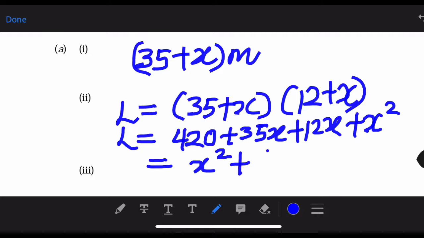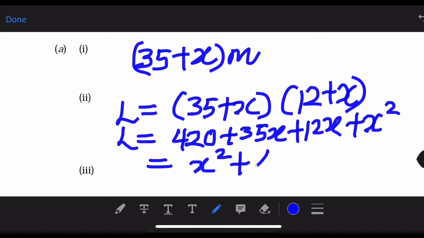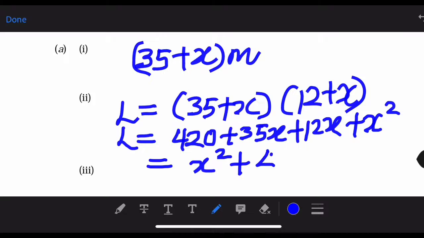Okay, so the installation price or installation fee is equal to half, 1209 divided by 2. So the answer is 604.50.